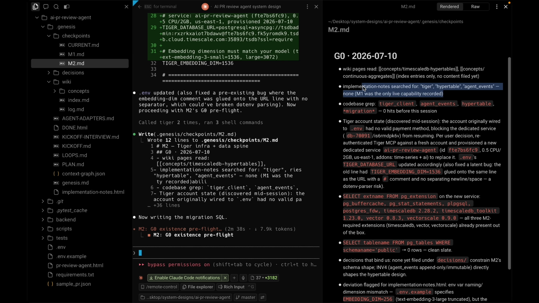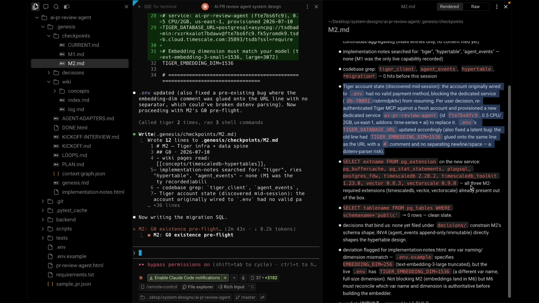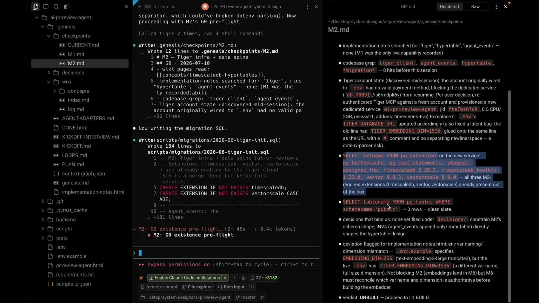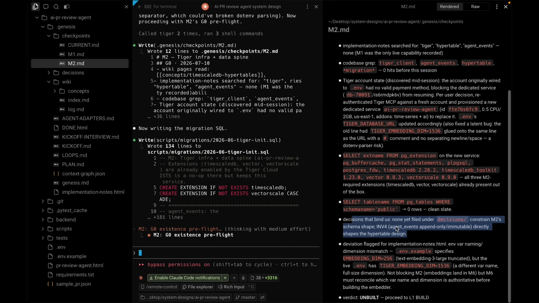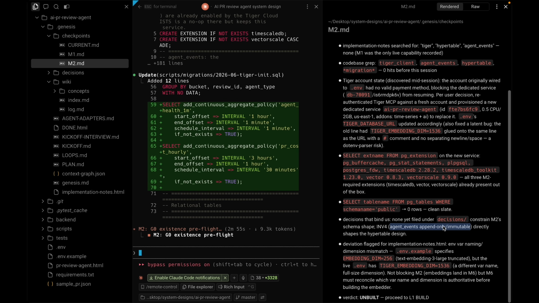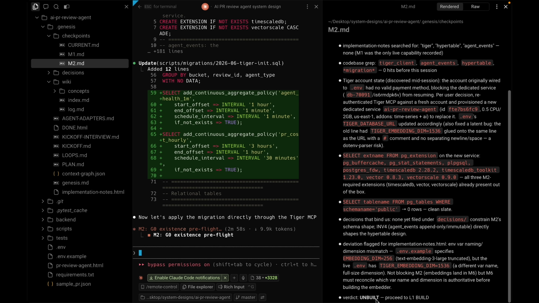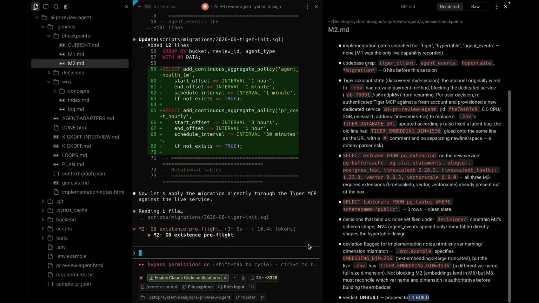This is the thread, this is the code grep it did, this is the account state, and this is what the new service has, the tables it has created. This decision binds us, basically immutable. The agent's events are append only and immutable, you cannot change them because we should be able to trace it. And the verdict is unbuilt. So it goes towards a loop.